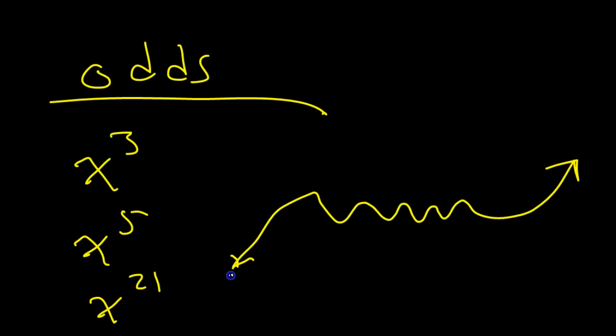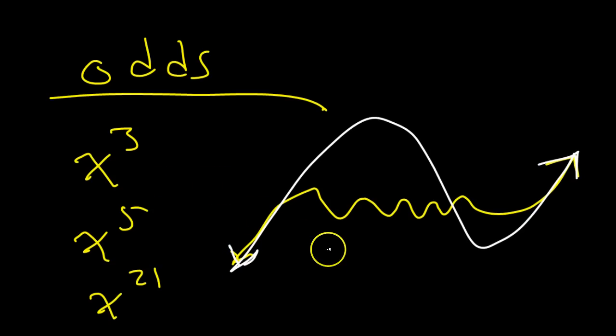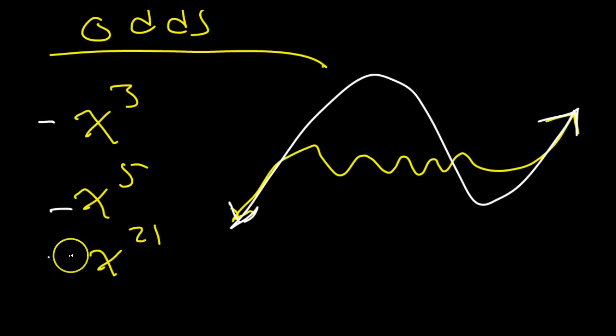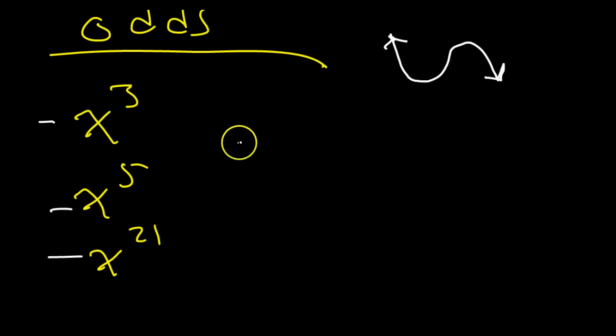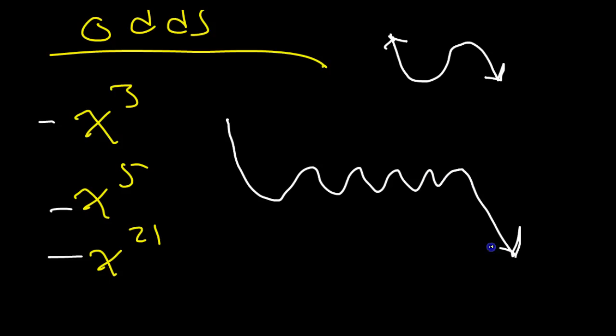Sometimes I like to draw a big N on there to remind me that the end behavior is still working the same. If these were negative leading coefficients, then remember it would have end behavior like an upside down N, even though in reality, depending on the power, there could be a crazy number of loops in the middle.